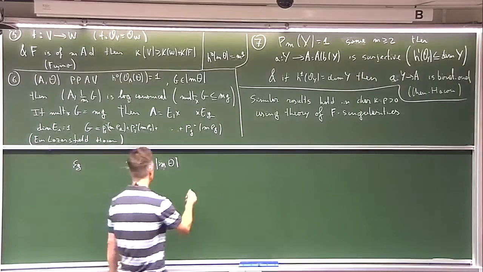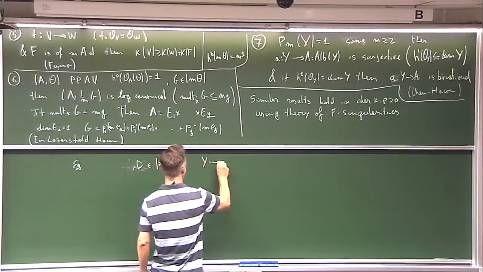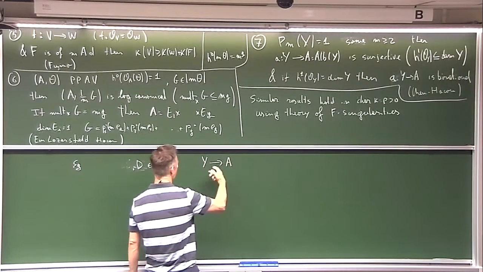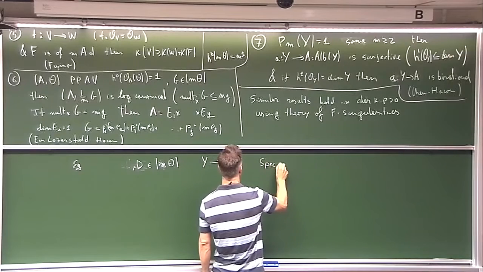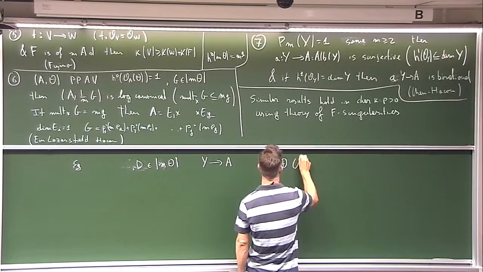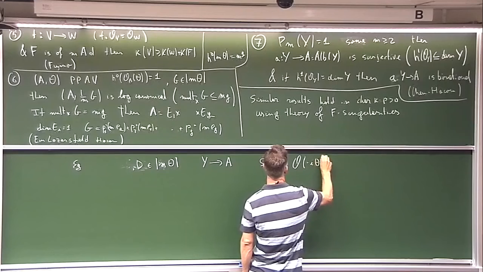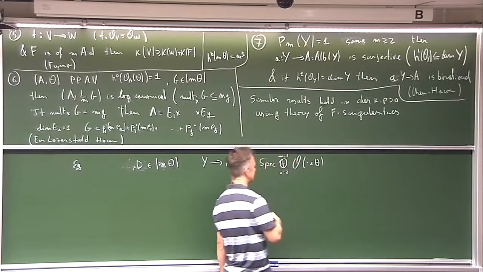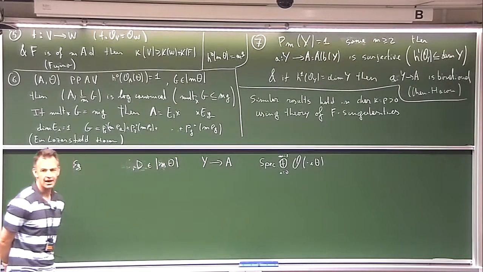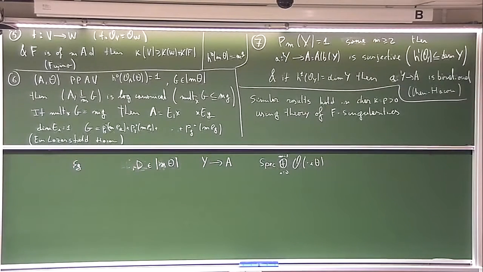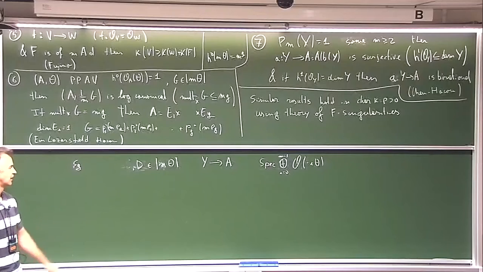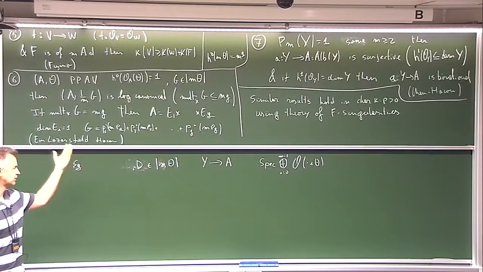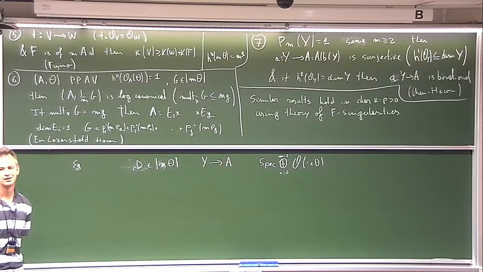And then you take the cyclic cover Y to A, corresponding to Spec of the direct sum of O(-i theta), i equal to 0 to m minus 1. This is the cyclic m-fold cover, and this cover will certainly have P_m greater than 1, and it's a generically finite cover of an abelian variety.